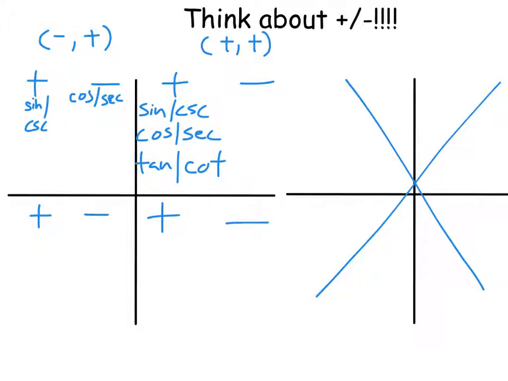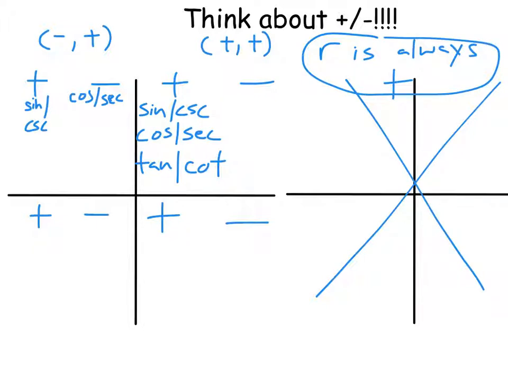Now, one thing I should have made more clear, and it now becomes an issue for us. I mentioned it earlier, but now let's make it official. R is always positive. You can think about it as a distance from the point that you plotted to the point 0, 0, and it's always positive.